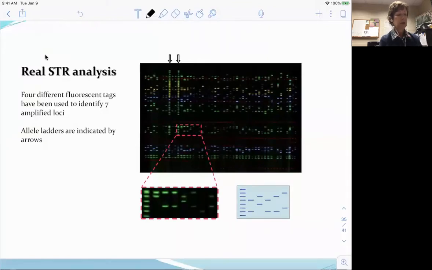This is a sort of gel that would be run using the FBI, what they call the CODIS system. And we'll talk a little bit more about this later. And this actually looks at 13 different loci. So it's quite a complex pattern, but this is just one example right here. So what you can see again is your allele ladder in this lane, and these represent different individuals and which alleles they carry.